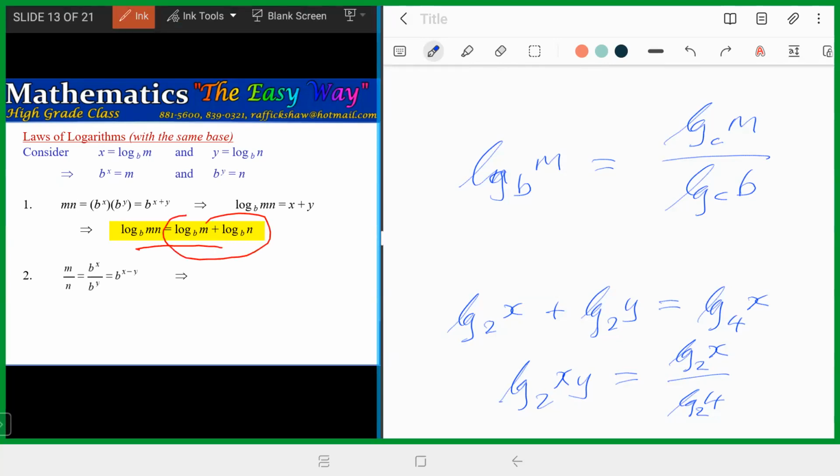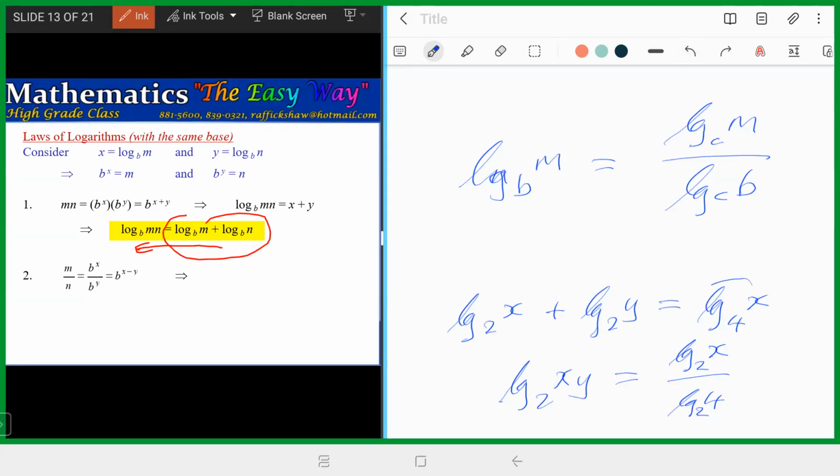That's what we did. See that? So you see, you have to know the law both ways. This sum became the log of this product right here.